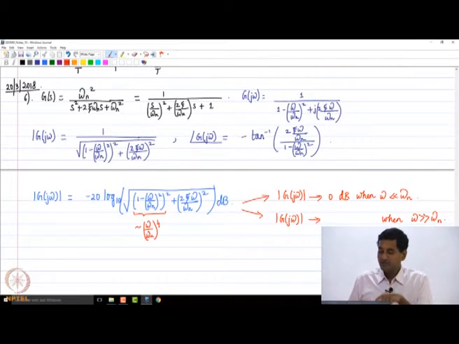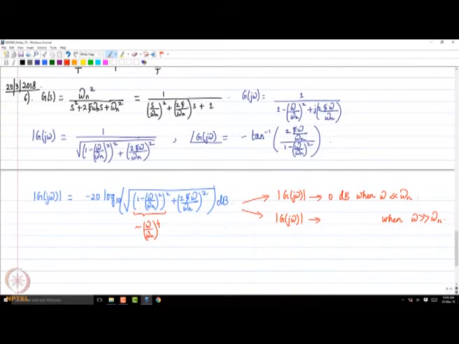Then if I take the logarithm of that, I am going to get minus 40 log to the base 10 omega divided by omega n. Of course, this is in decibels. Is it clear how we got minus 40 log omega by omega n?